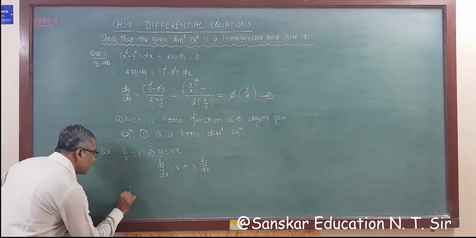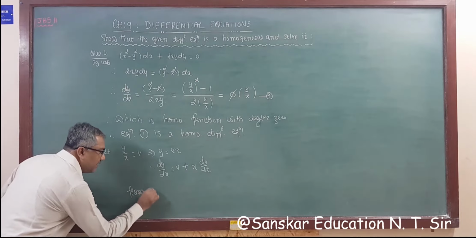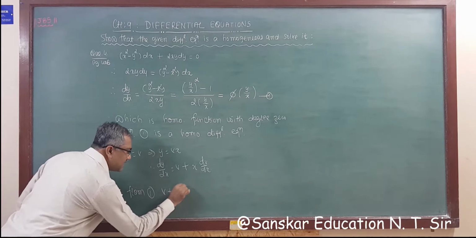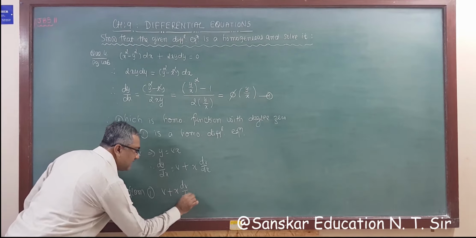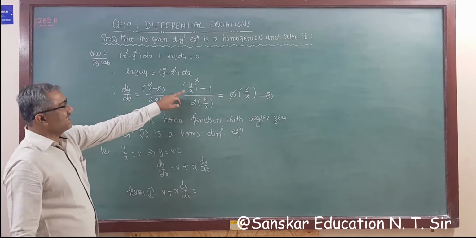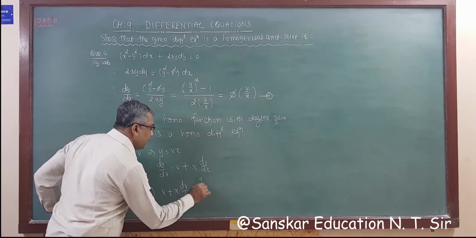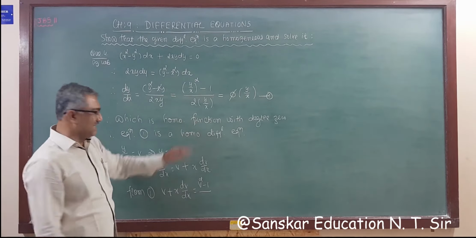So from 1 we get v plus x dv by dx is equal to (v square minus 1) upon twice v.